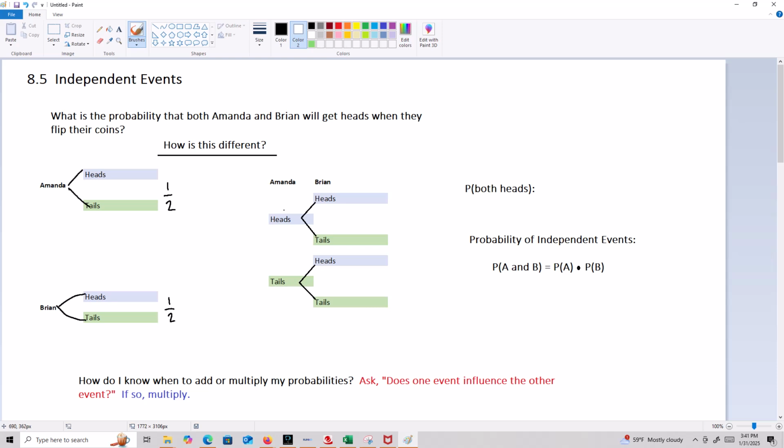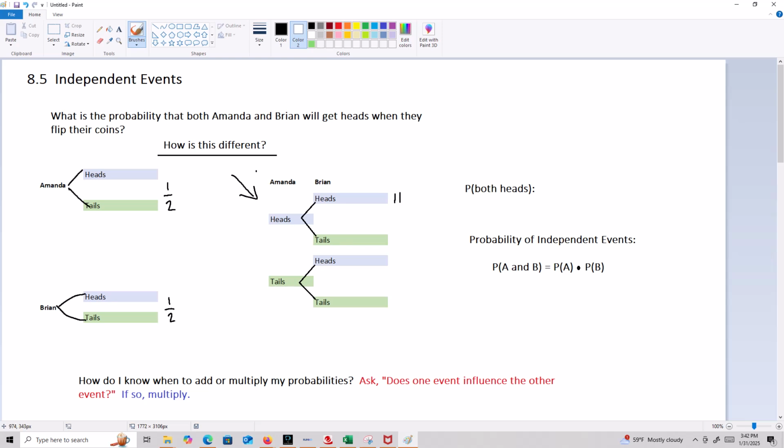So this tree diagram right here shows what I'm talking about. Amanda is independently flipping her coin, and at the very same time, Brian could be over there flipping his coin and he gets heads or tails.